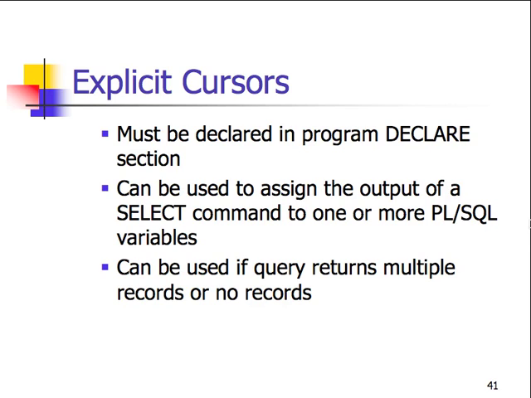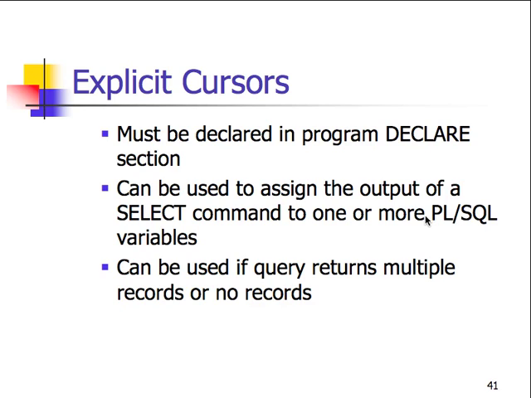With an explicit cursor, you must declare the cursor in the declare section, and then select. It basically can be used to assign the output of a select command to one or more PL/SQL variables, and can be used if the query returns multiple records or no records at all.